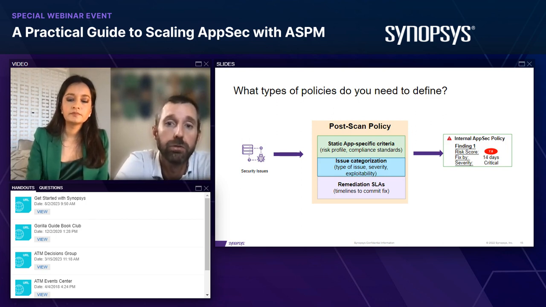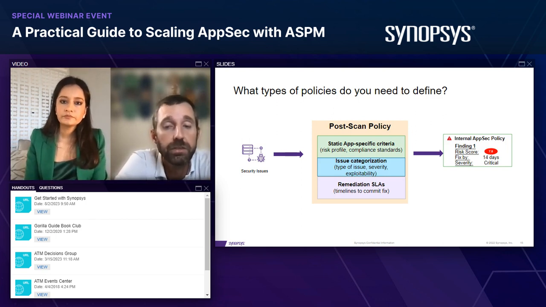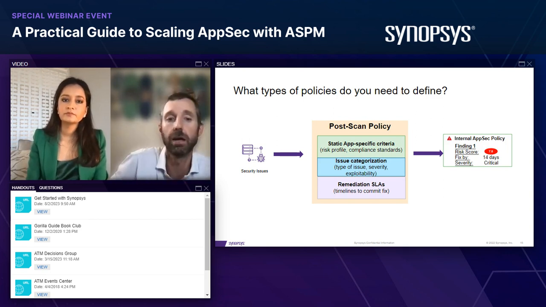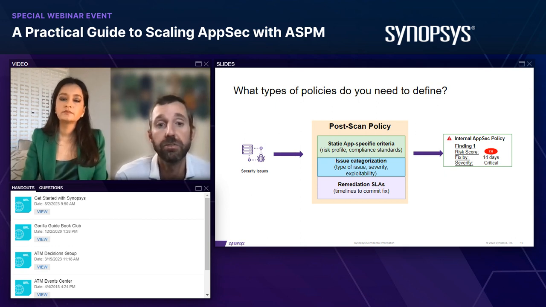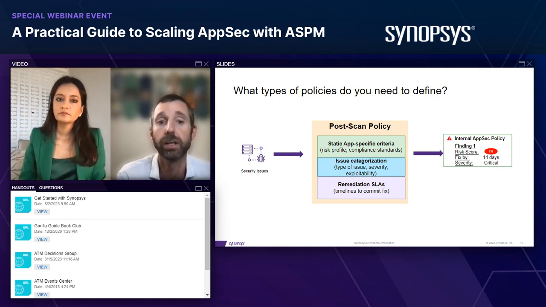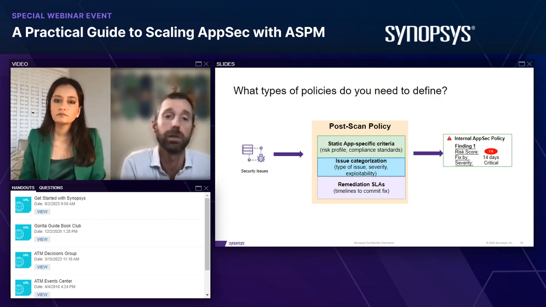Now, if we go into post-scan policy, this is really about what issues do you care about and when do you want them fixed, right? At the high level, it is that basic. It is about the issues that you have to fix due to compliance standards, regulatory standards. Those are likely not to change as dynamically, right? If you have to be PCI compliant, you will need to be PCI compliant tomorrow.